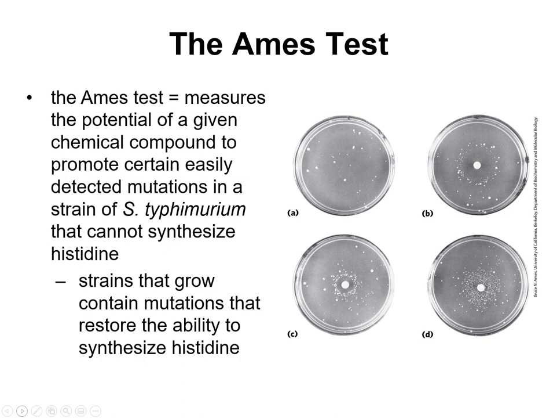The Ames test, which was developed in the 70s, measures the potential of a given compound to promote easily detected mutations in a strain of Salmonella that cannot synthesize histidine. You put down a little piece of filter paper in the center of a plate, and you try to grow your bacteria on this plate.